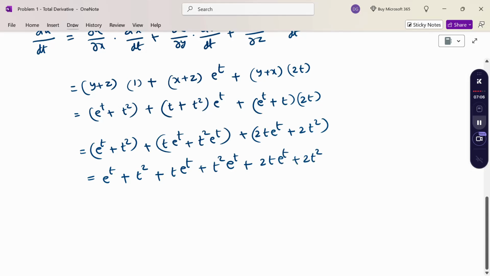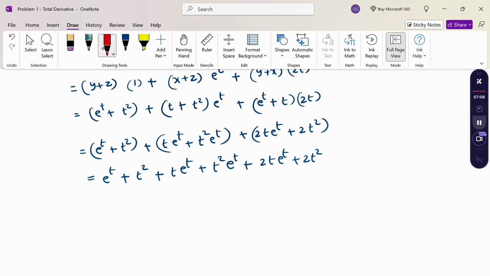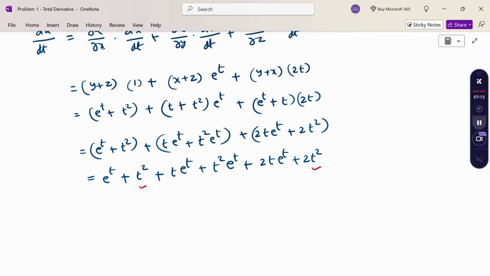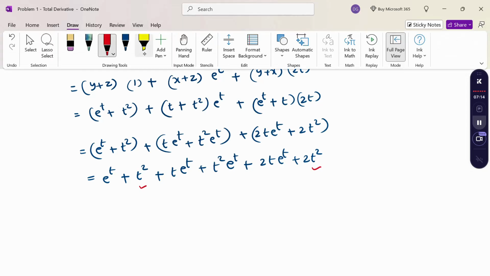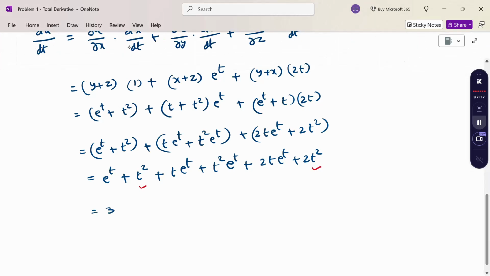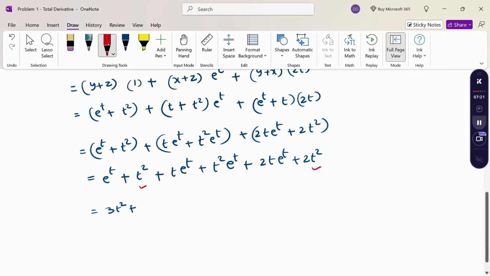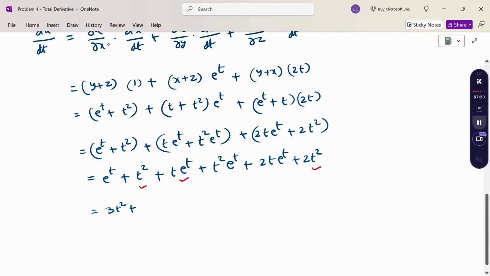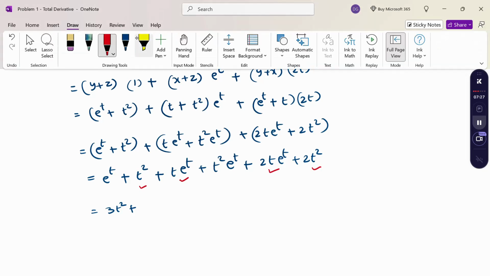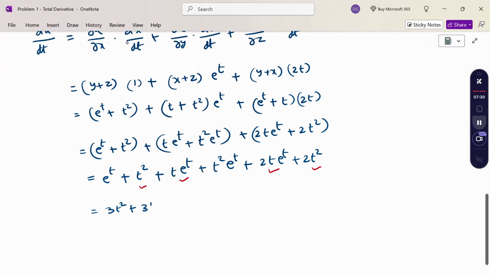Now just add the common terms. Looking here, t square and 2t square, add these two values to get 3t square. Next, t e power t and 2t e power t, add these two values to get 3t e power t, plus the first term e power t plus t square e power t.